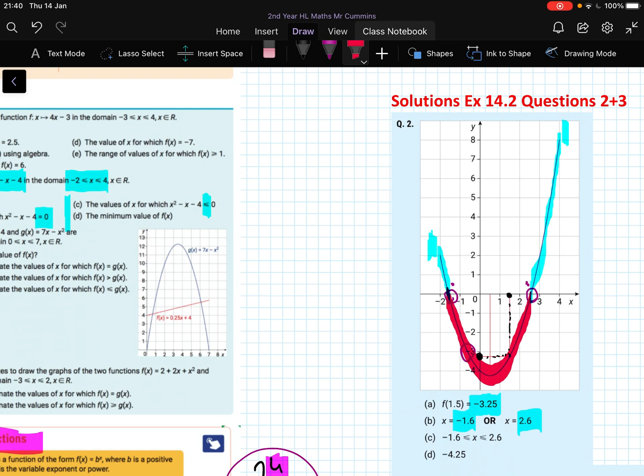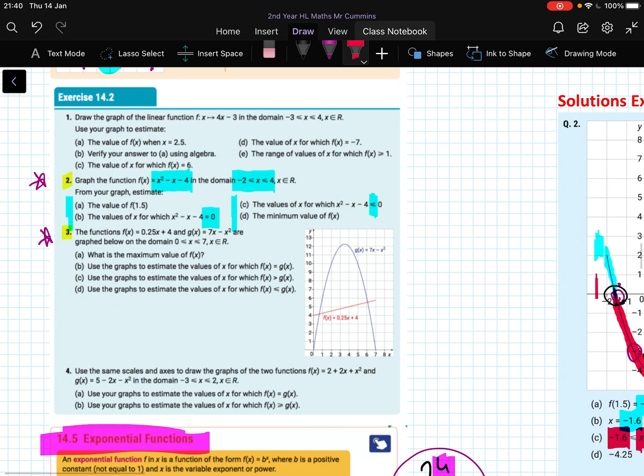They're asking us then, where is our function less than or equal to 0? And our function is less than or equal to 0 everywhere from this point here to this point here. So the way they word the answer is x is between minus 1.6, our first point, and 2.6. So the red part of the graph there is where it's less than or equal to 0.